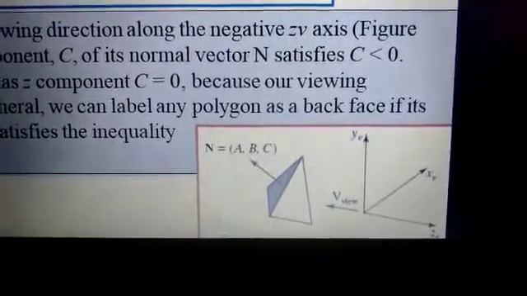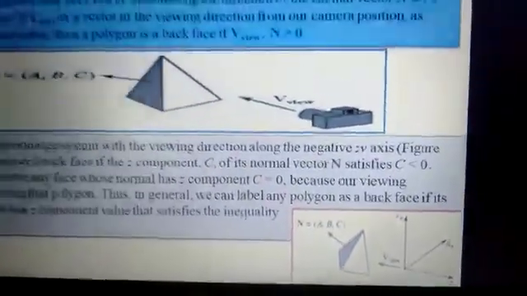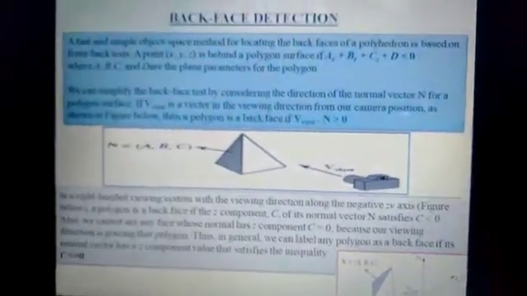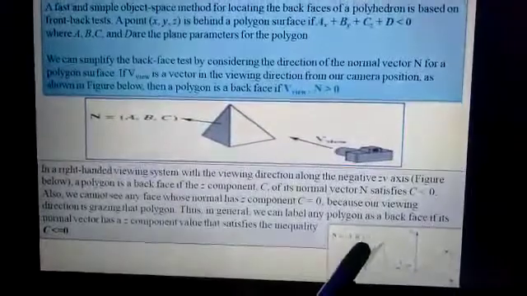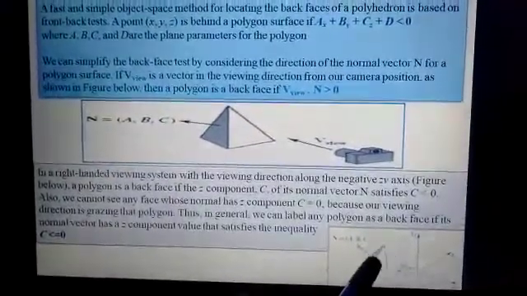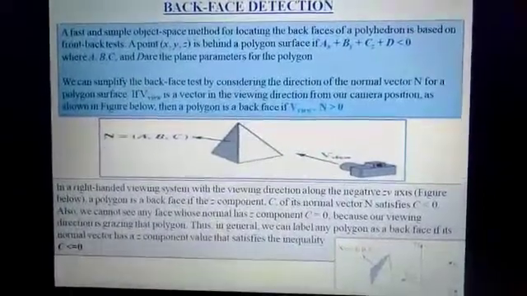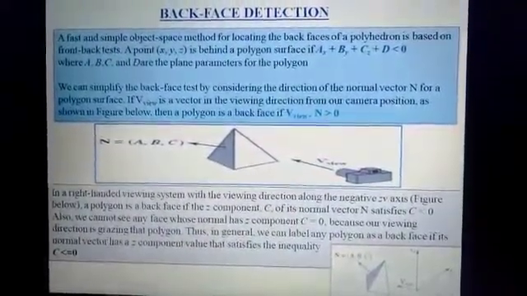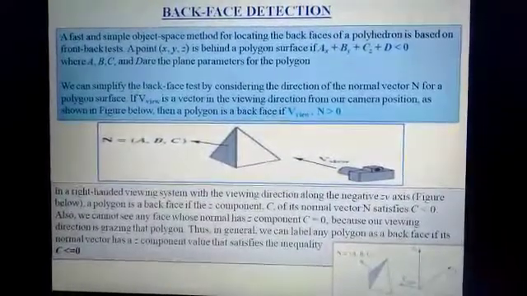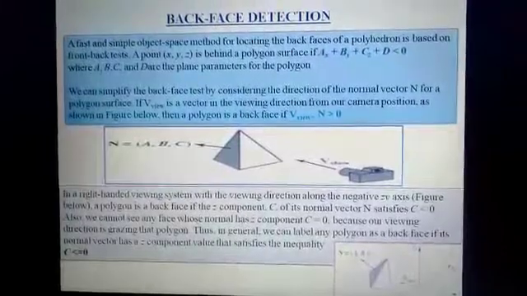Also, we cannot see any face whose normal has Z component C equal to 0 because our viewing direction is grazing that polygon. Which polygon are we grazing here? We are just grazing the triangle polygon. Thus, in general, we can label any polygon as a backface if its normal vector has a Z component value which satisfies the inequality C is less than or equal to 0.